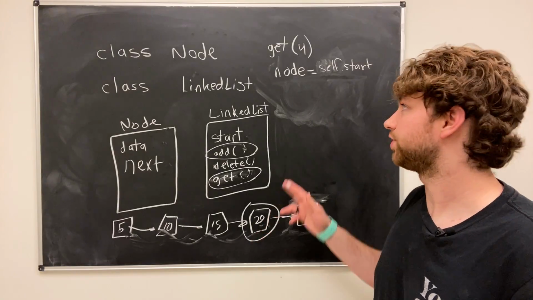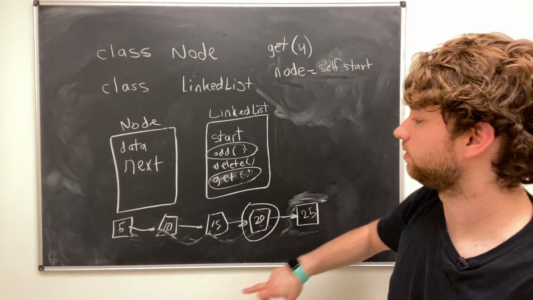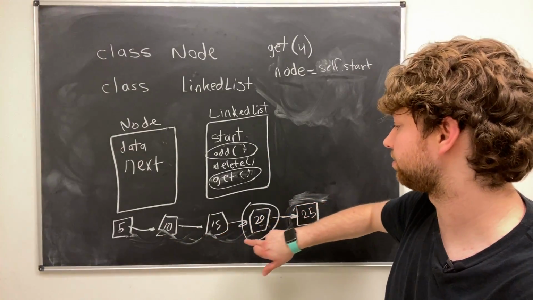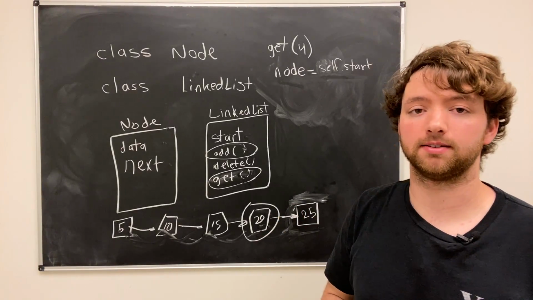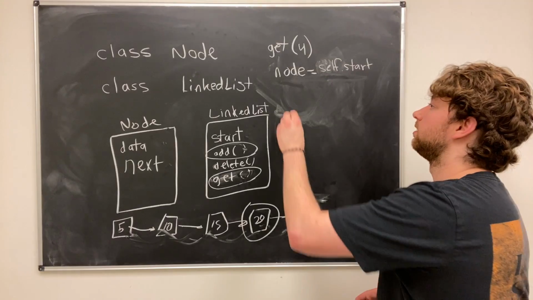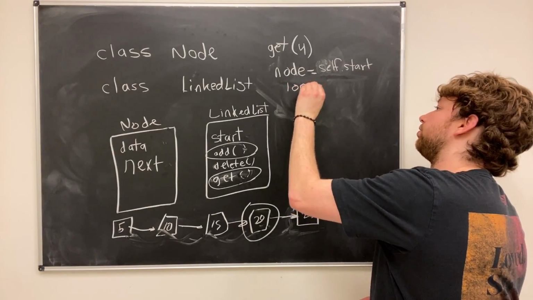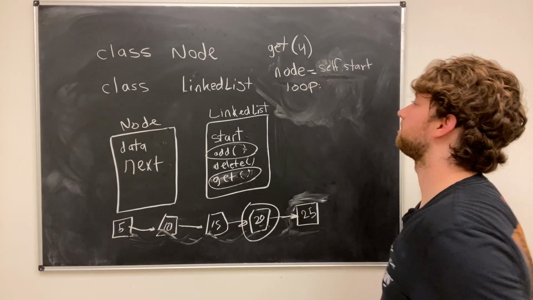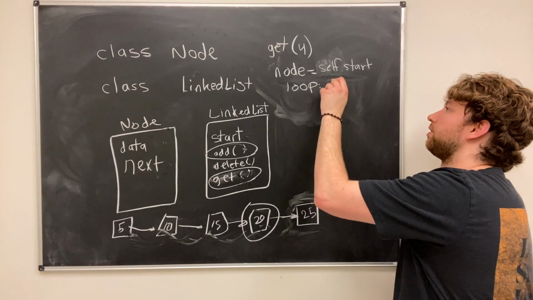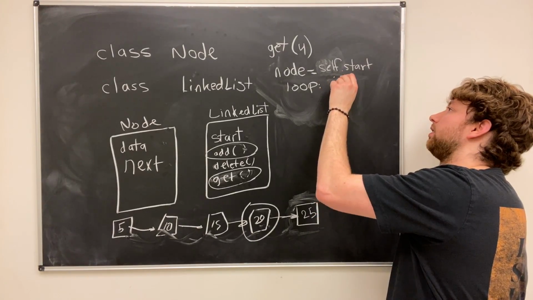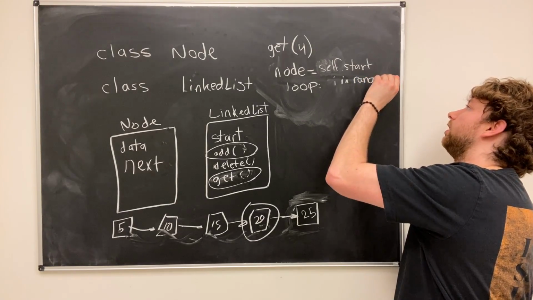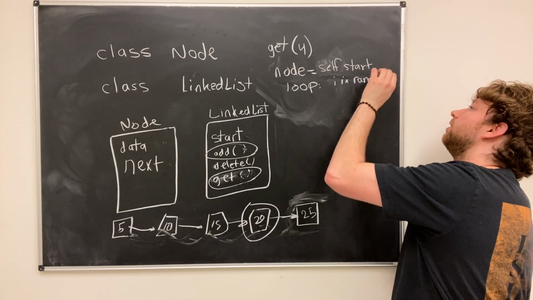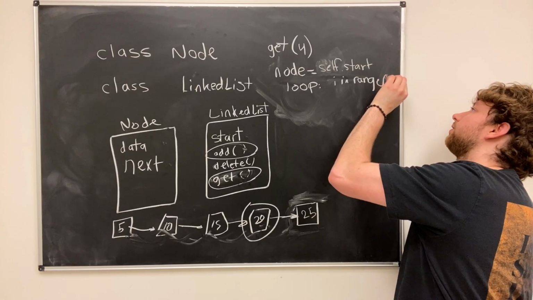Then we pretty much need to replace this node with the next one a certain number of times, and that is how you're going to traverse through a linked list. So you create a loop structure. In Python, it would be something like for i in range, and then you would pass in the index.